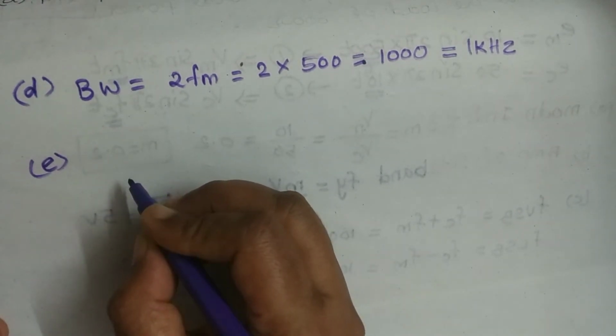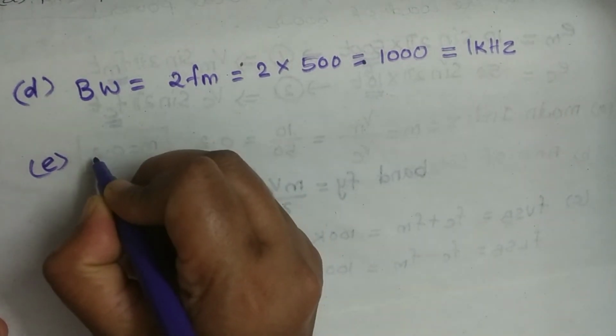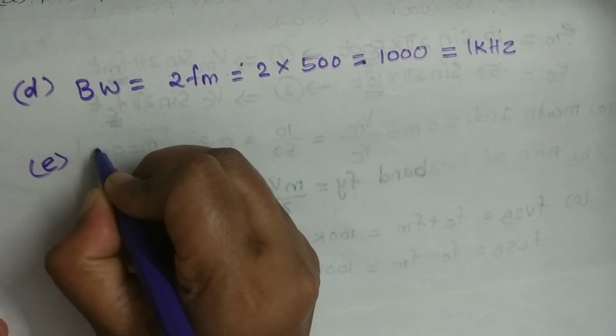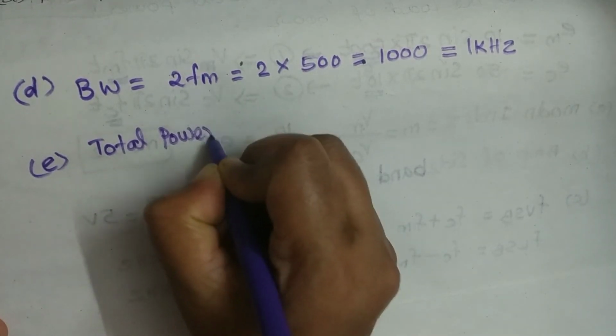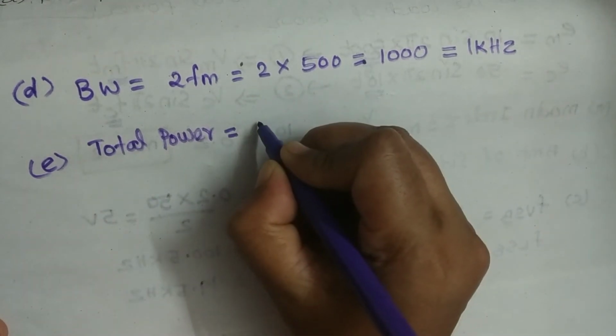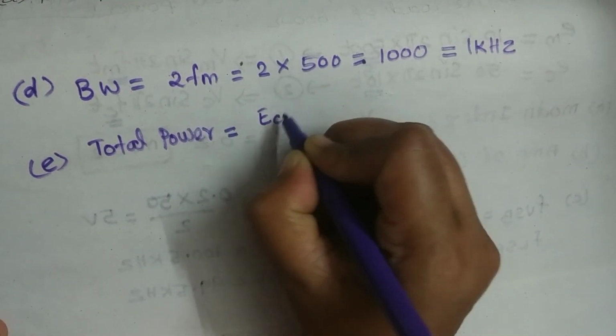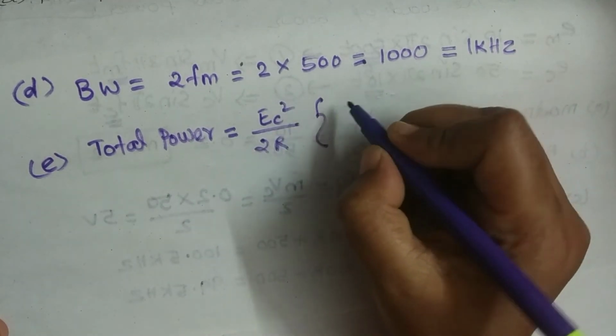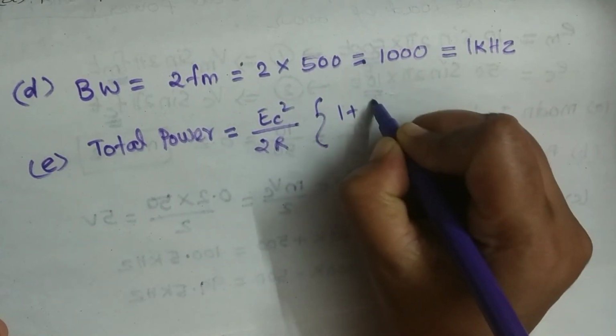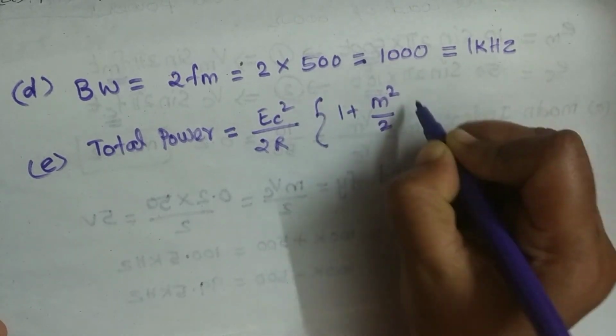Then they are asking to find the total power delivered to the load of 600 ohms. Total power is Vc squared by 2R into (1 plus m squared by 2).